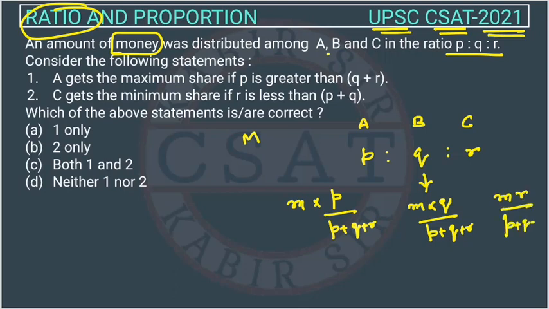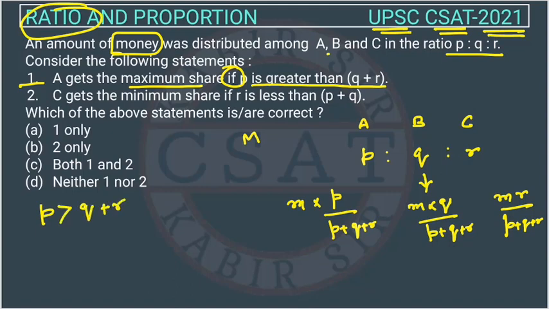M into R upon P plus Q plus R, right? Now the first statement is A gets the maximum share if P is greater than Q plus R. So the statement is saying P is greater than Q plus R.